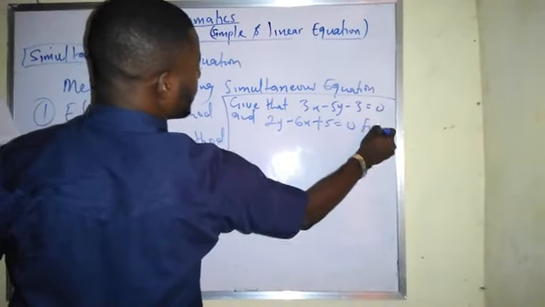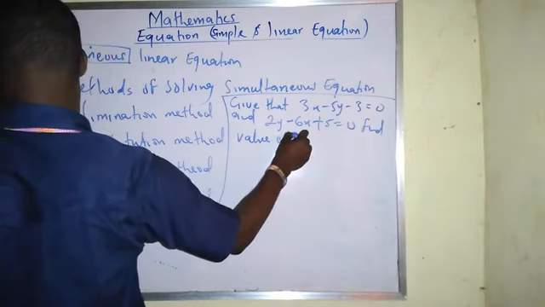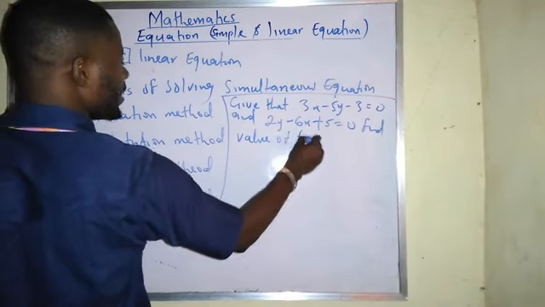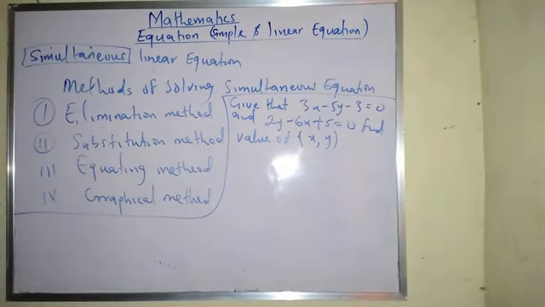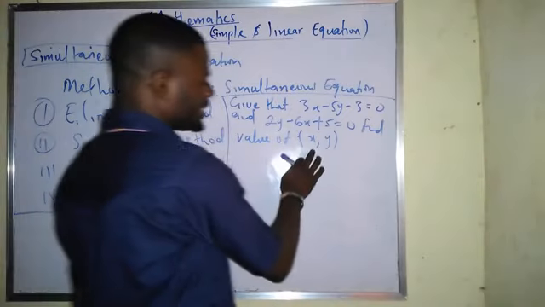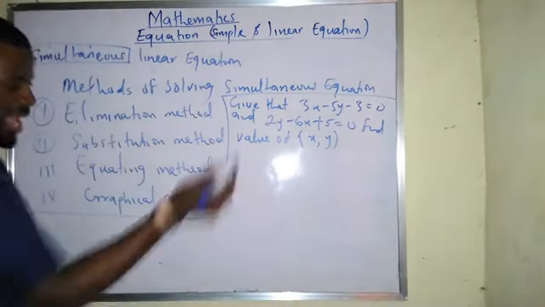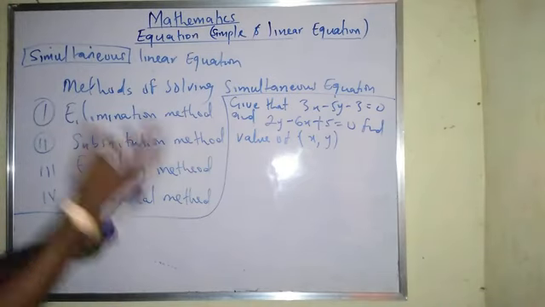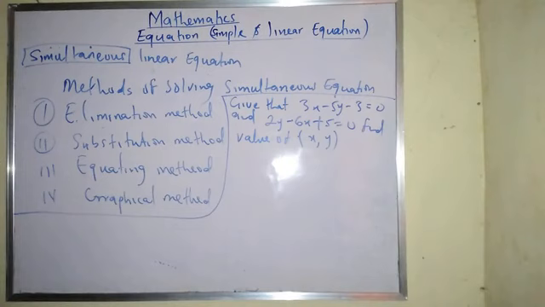Find the value of x comma y. Now, look at this x comma y. I've explained that when you have it this way, x and y, it means it will form a point. I've explained that previously. Okay, let me start with the elimination method.